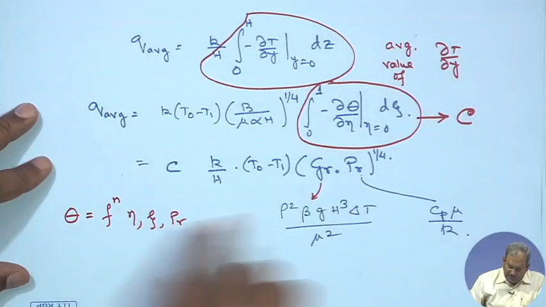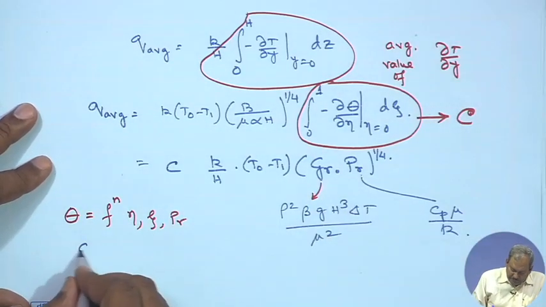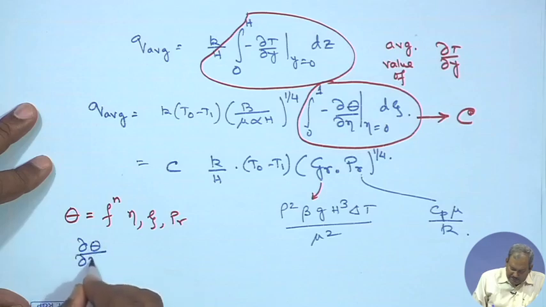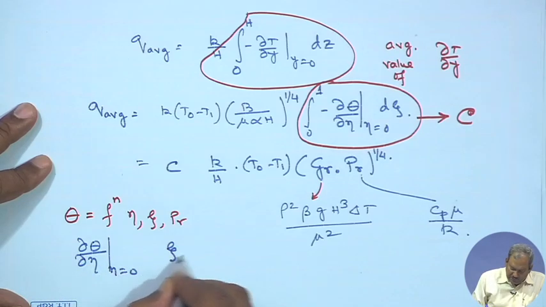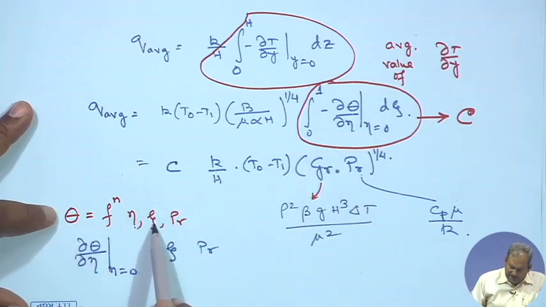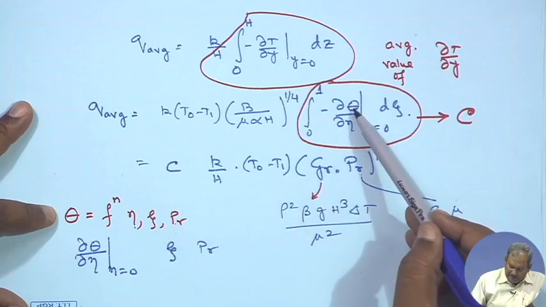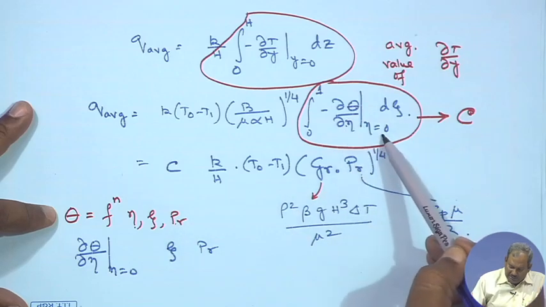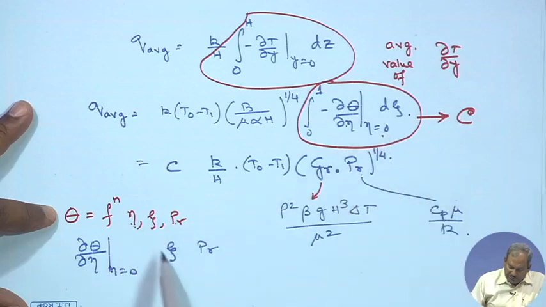So, if theta is a function of eta, zeta, and Prandtl number, then del theta by del eta at eta equals 0 will only be a function of zeta and Prandtl number. Evaluated at a specific value of eta, it is no longer a function of eta, only of zeta and Prandtl number.